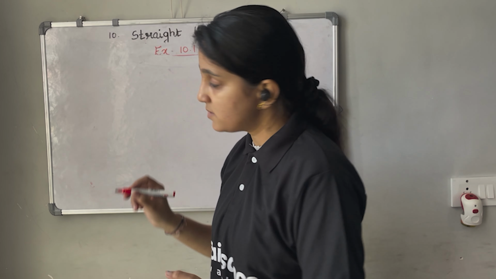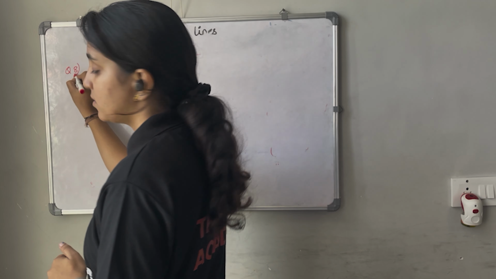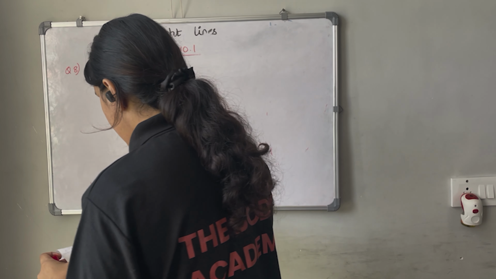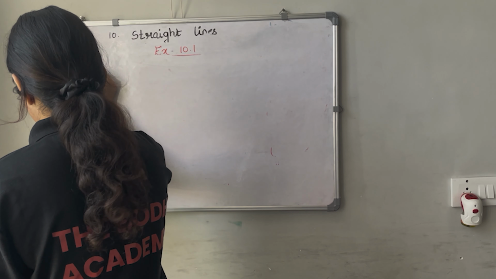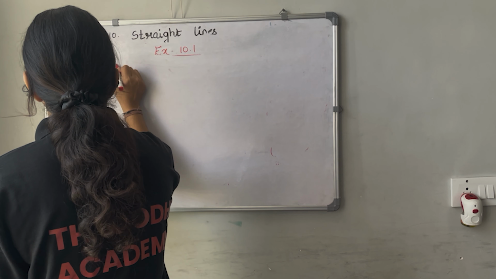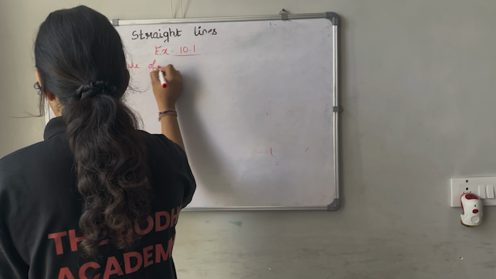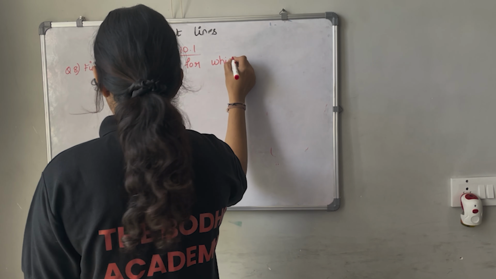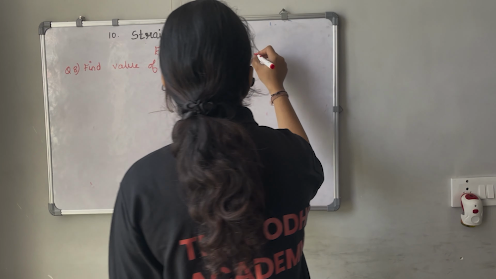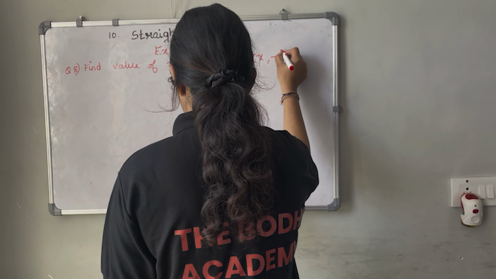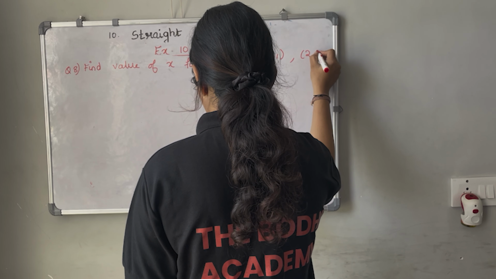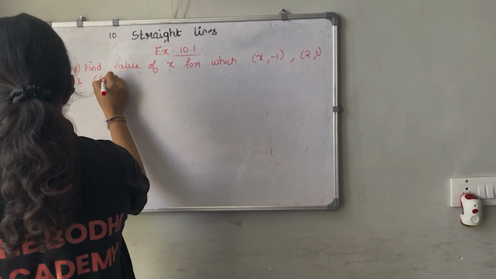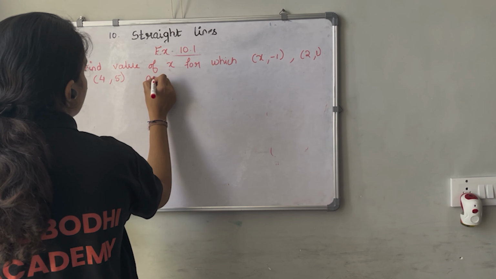Question 8 is: find the value of x for which (x, -1), (2, 1) and (4, 5) are collinear.